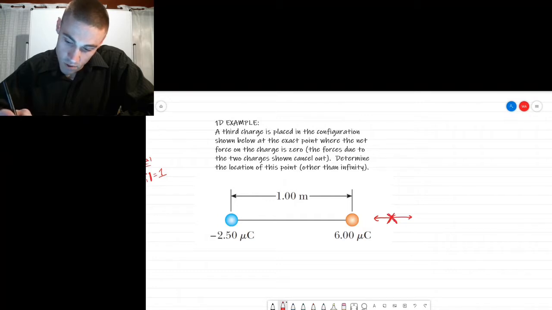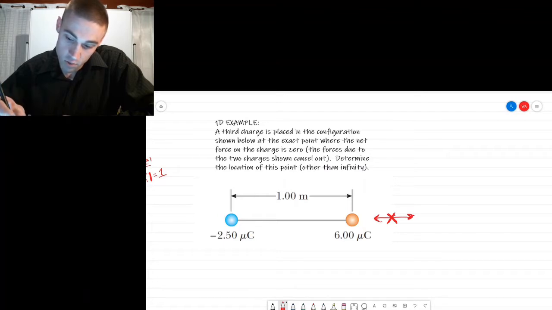But further investigation shows that this here is the larger charge. So the force that is exerted by this guy is going to be greater than the one exerted by this guy at the exact same distance, right? Because this one has a larger magnitude of charge. So that means that if we were on this side and closer to the larger charge, this force vector here is going to be larger than this force here, no matter what.